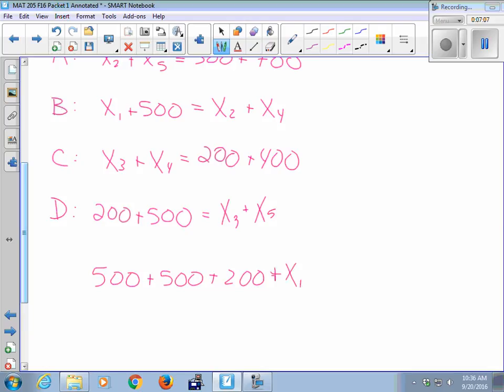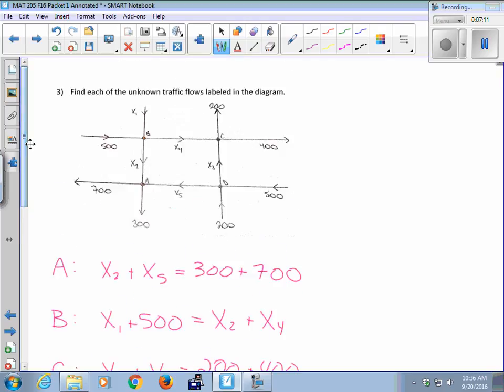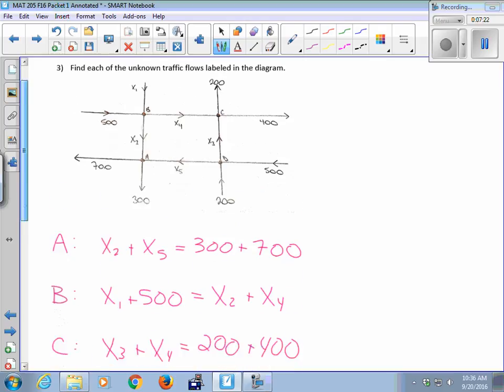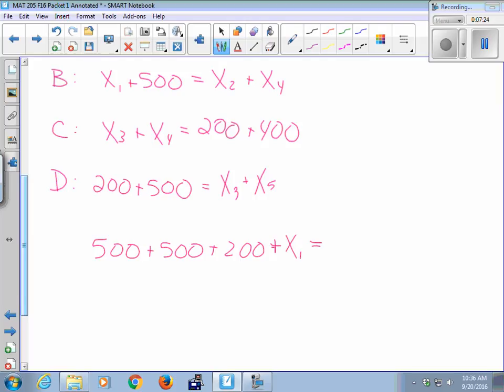So it's everything that flows in. That has to equal everything that flows out. So flowing out, I've got a 700, a 300, a 400, and a 200. Did I remember that correctly? 7, 4, 3, and 2 are flowing out.